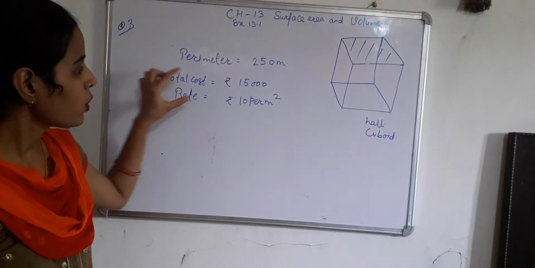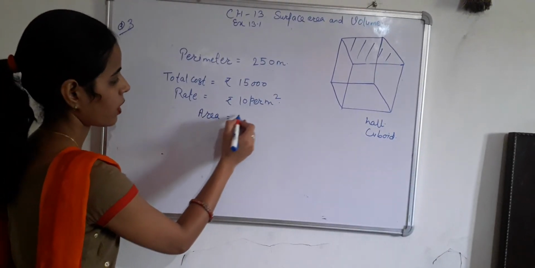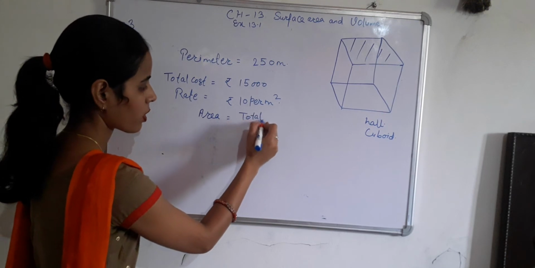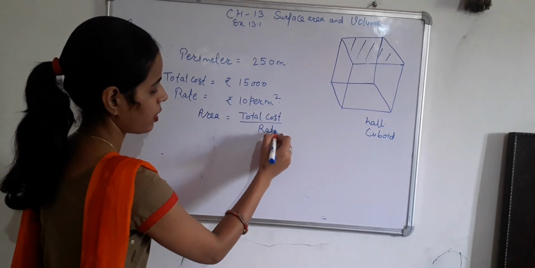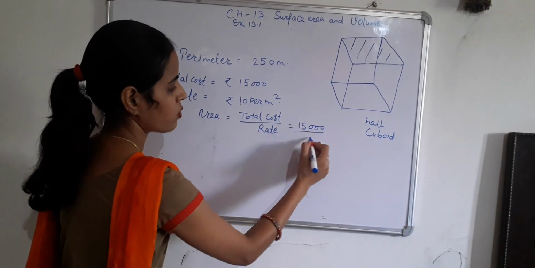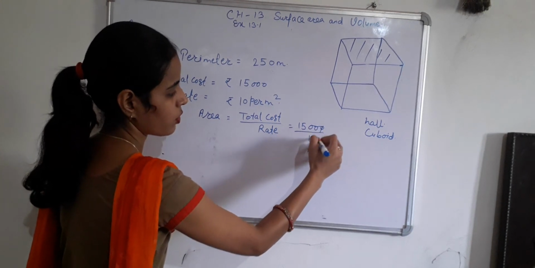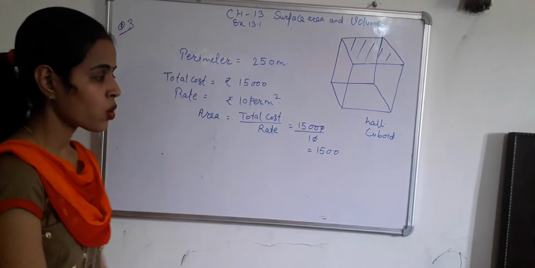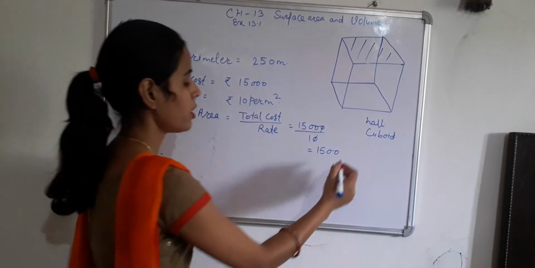Then you can calculate area with the help of these two terms. Area will be total cost upon rate. Area equals to total cost upon rate equals to 15,000 upon 10 equals to 1500. 0 is cancelled by 0. So area of 4 walls will be 1500 meter square.